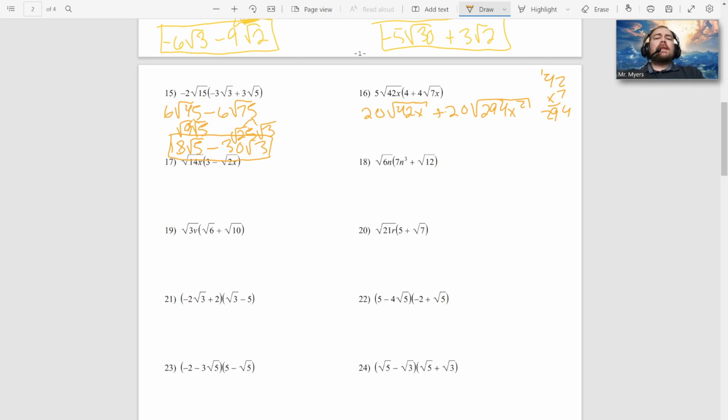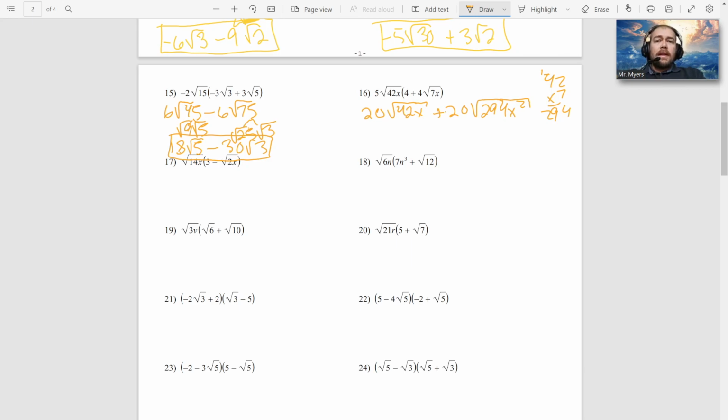Okay, so 42 is 6 times 7. What else is it? It's 2 times 21. It's 3 times 14. I don't think there's any square numbers in there. If we did a factor tree, it would just be a 2, a 3, and a 7. Oh, no, wait. No, 4? No, it's just a 2. 2, 3, and 7. I think that's it.